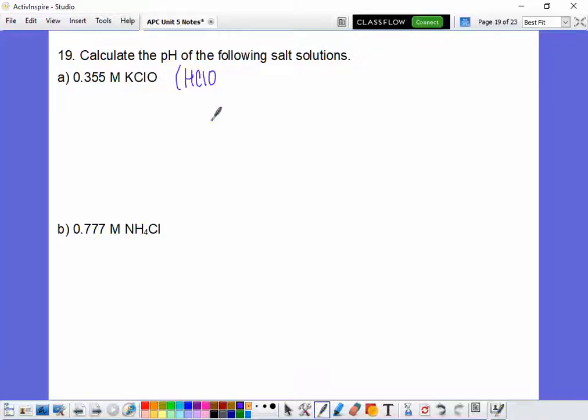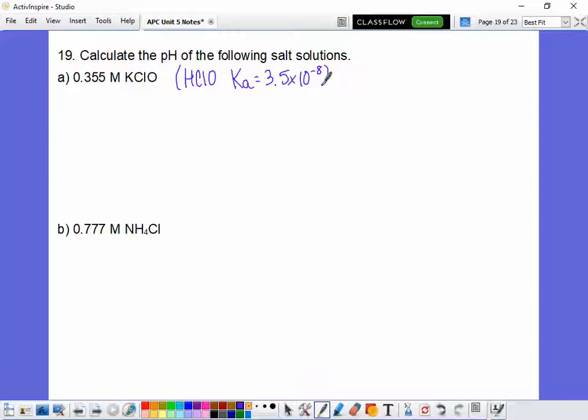Actually, it's written as HOCl because of the way the hydrogen's attached to the oxygen, but it's the same thing. Its Ka value is 3.5 times 10 to the negative 8. But you're not going to see actual ClO minus. So when you're looking it up, you're always looking for the weak acid or weak base that made it.